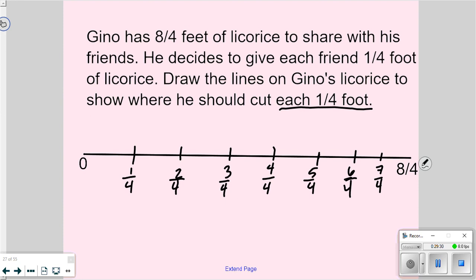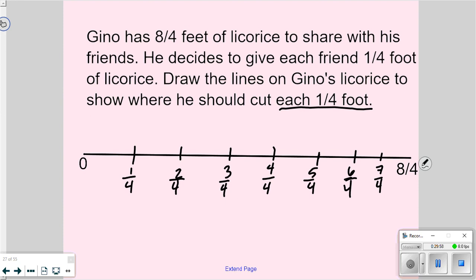How many whole feet of licorice does he have? 8/4 is when it's all chopped up. But if I were to count his licorice in whole feet, whole numbers, 1, 2, 3, 4, 5, what would that be? Tatum? 2 whole feet.